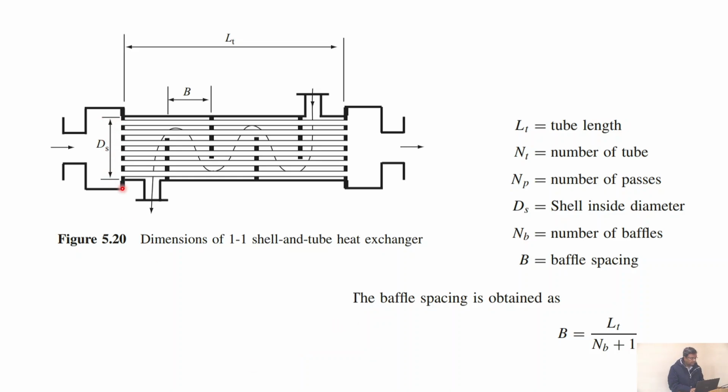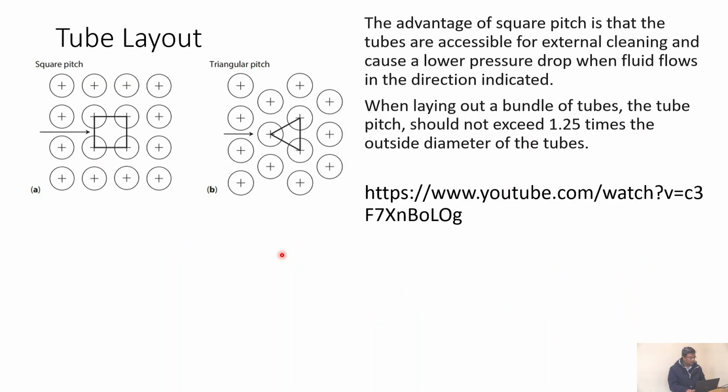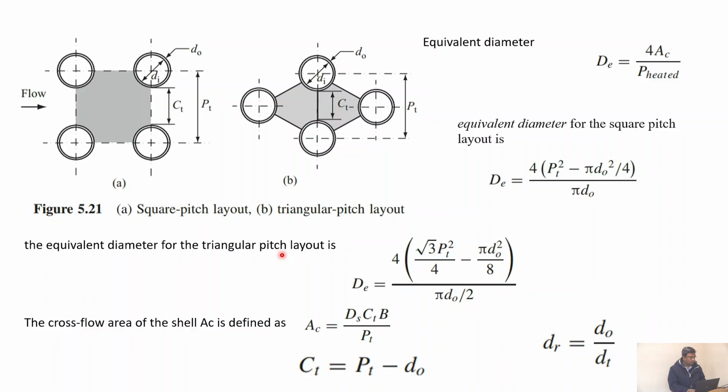So this is DS, right? This is B. There is a CT also. So what is CT? CT is this one, or maybe you can say this one, same thing, right?